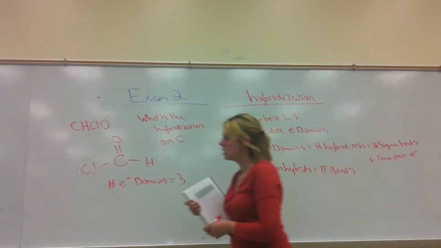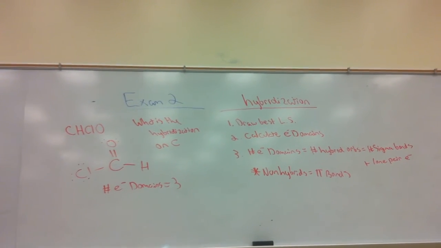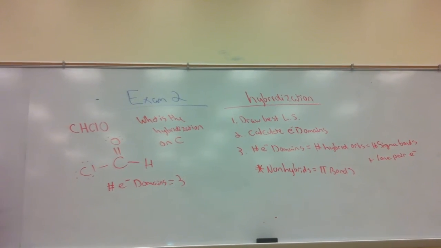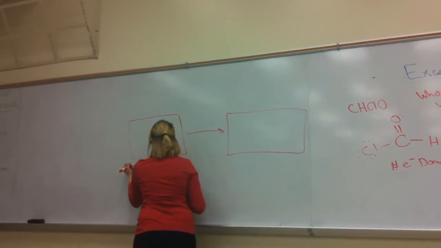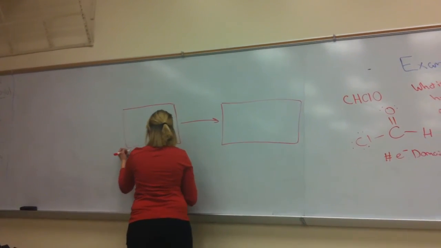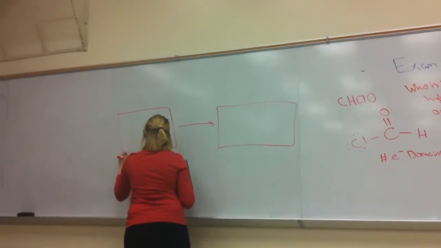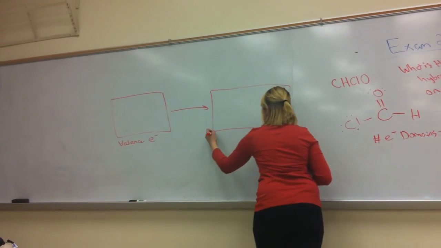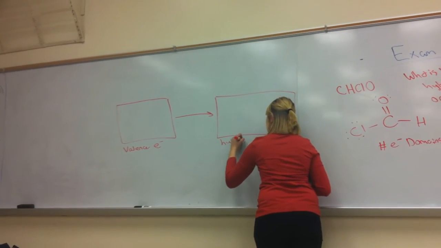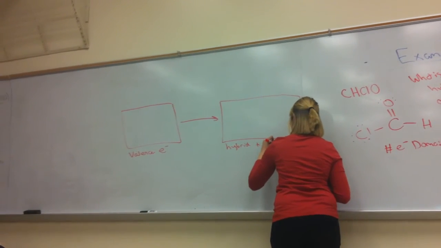Great, good. The way I like to do this is set up the boxes. Over here, this is never going to change. This is just our valence electrons. Over here, this is our hybrid and non-hybrid.